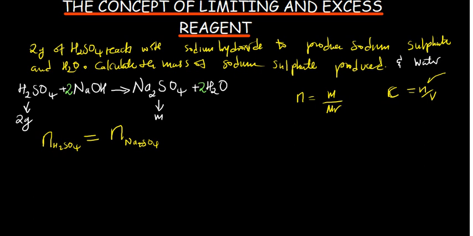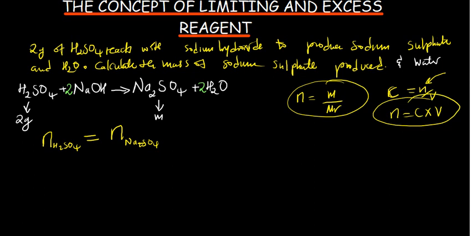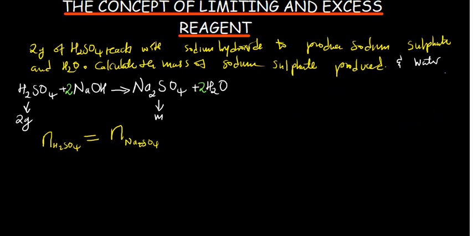Therefore, if you've been given concentration, to find number of moles is concentration times the volume. So you need to know these two formulas for number of moles. If you have concentration, use this one. If you have the mass, use this one. So those two formulas are important. So since here we have the mass, we are going to use the one for mass.